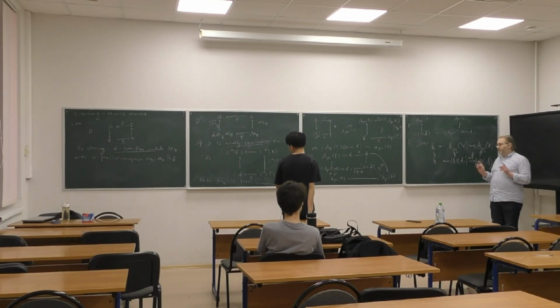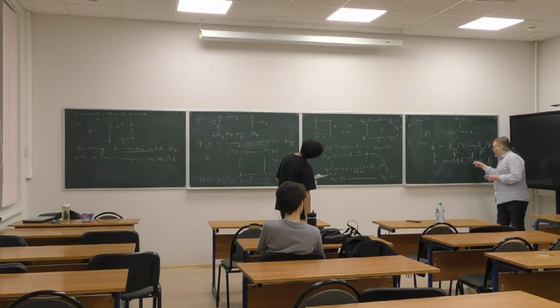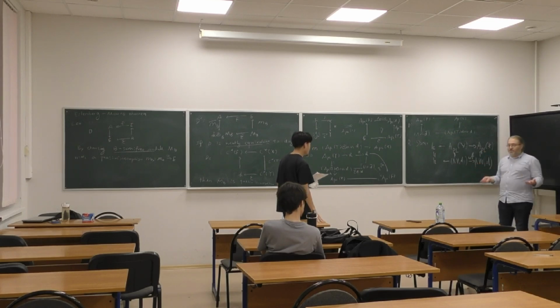So the idea is, if I take the homotopy co-limit of this diagram, I just get the Sullivan fiber as we've just defined it.